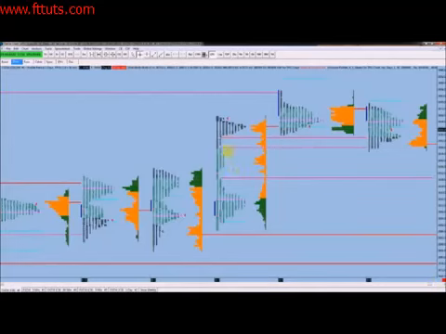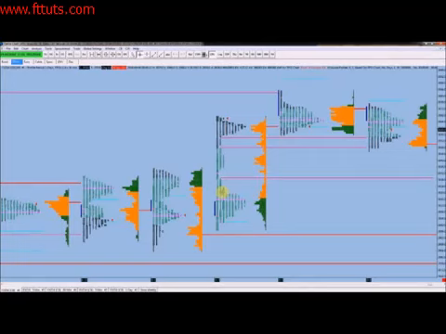So here we've turned into a triple distribution. So your initial balance has fallen within the first part of the bell curve, and at this point, until the Z prints, maybe there was a figure, probably some sort of news event, until the figure came out, we were having a non-trend day, a neutral day, a market that was probing either side of the initial balance with no conviction to go anywhere.